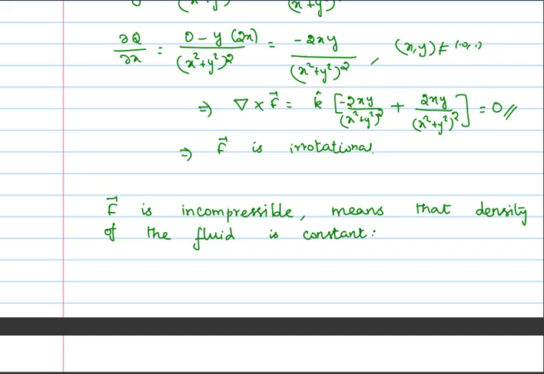Whenever the density is constant, the mass is also constant.